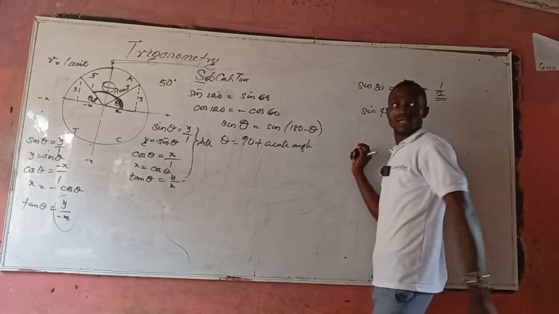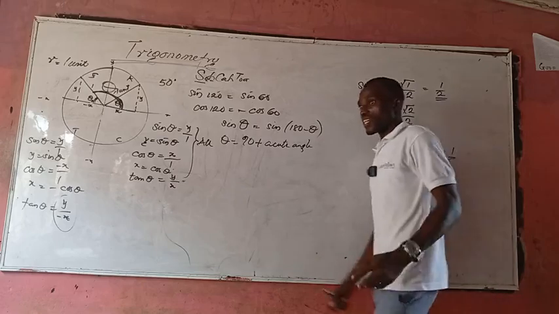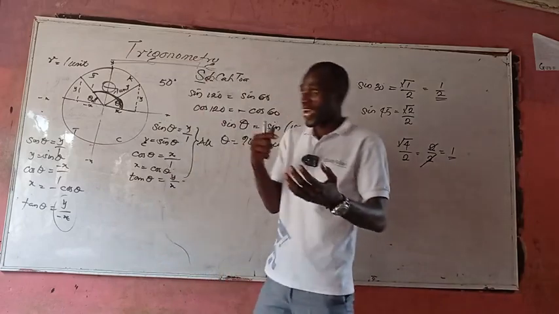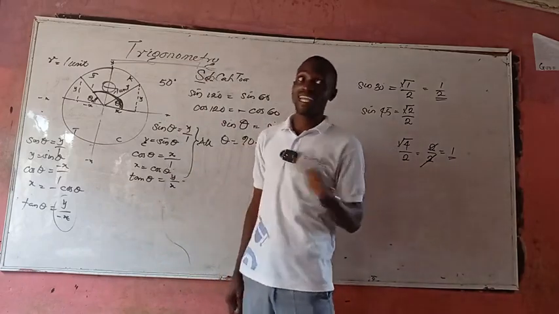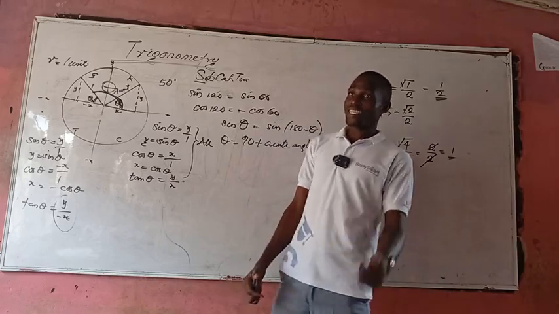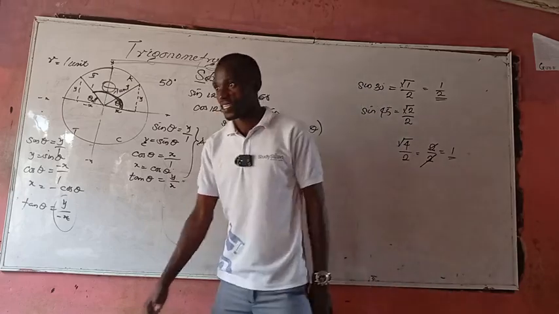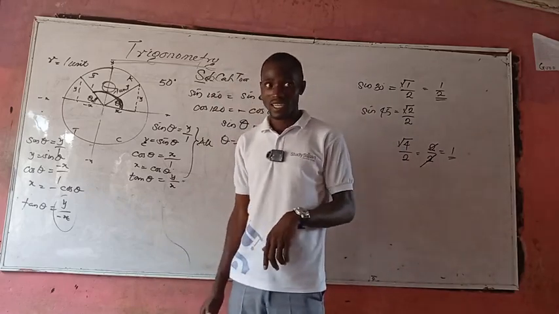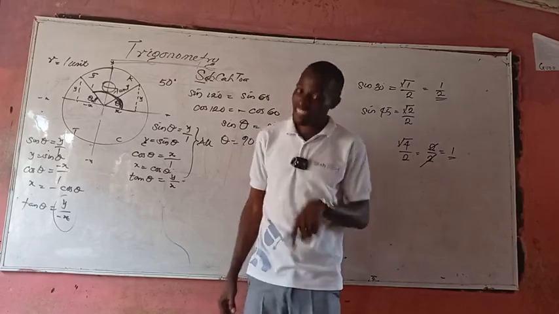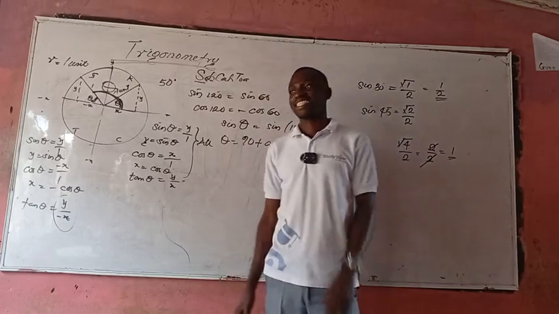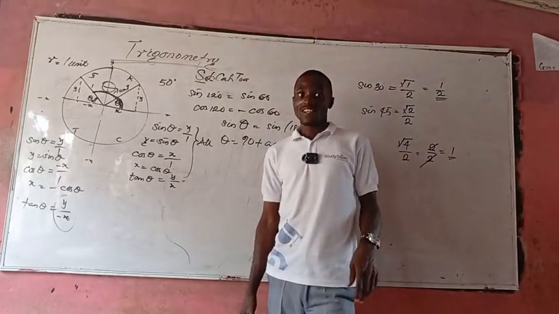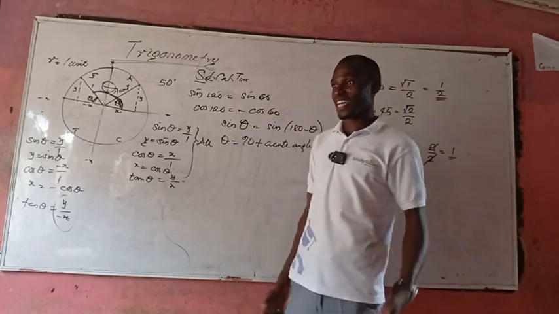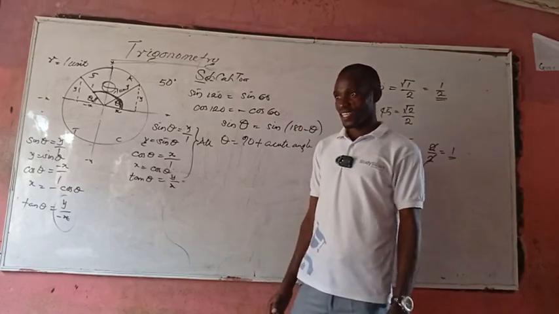So do sine 30. If I come to you and say give me sine 150, you don't need to solve sine 150, just do sine 30. Is it now clear? If I say give me cos 150, you don't need to do cos 150, just do negative cos 30. You know that cos 30 is root 3 over 2, so you just tell me minus root 3 over 2, that's cos 150. Is it clear now?